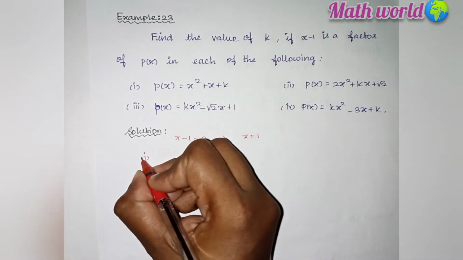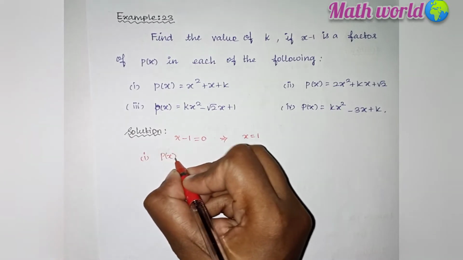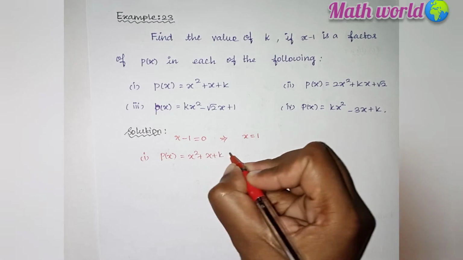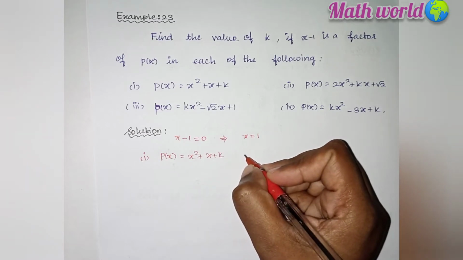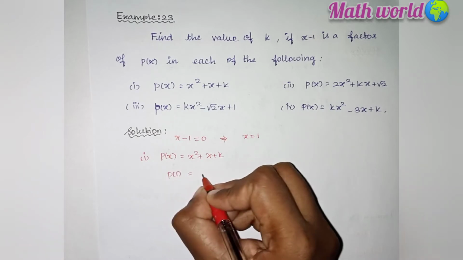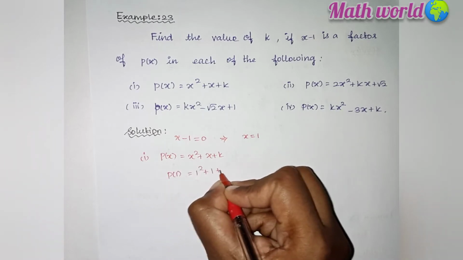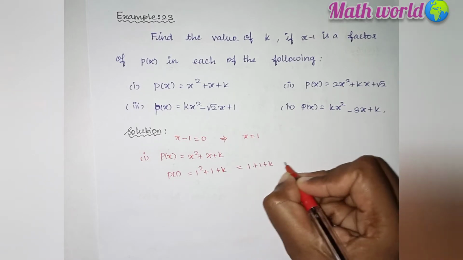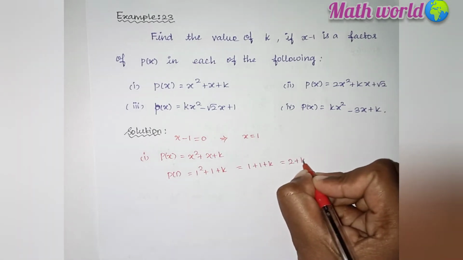So, first subdivision. P of x is equal to x square plus x plus k. In this case, I can substitute the value of x as 1. So, P of 1 is equal to 1 square plus 1 plus k. That value is 1 plus 1 plus k. It becomes 2 plus k, right?